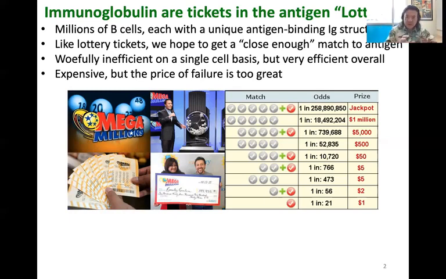So now what we're going to do is go back and take a closer look at the developmental processes behind how B cells are forming in the bone marrow, and then we'll talk about how T cells are forming.